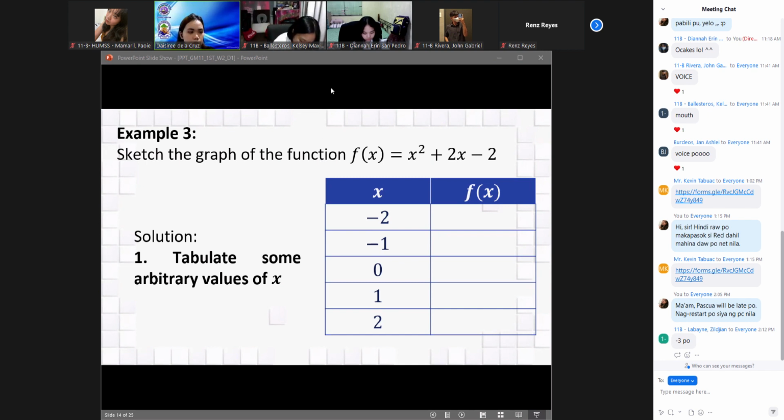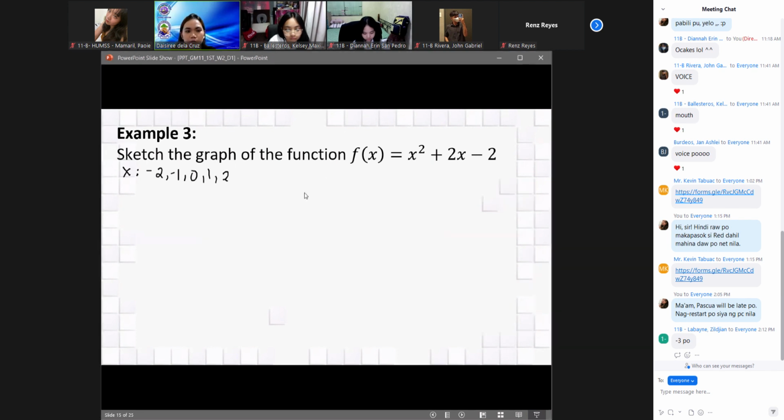So, first thing to do, kailangan muna nating i-substitute yung mga values. Ito yung x natin. So, ang given daw is negative 2, negative 1, 0, 1, and 2. Okay? Para mapakita ko din kung paano siya hanapin.